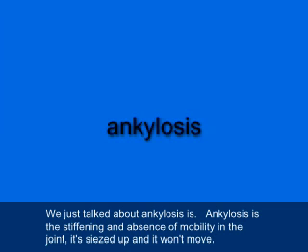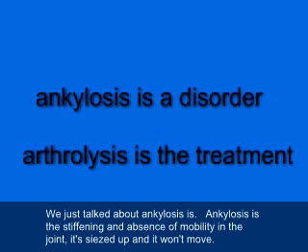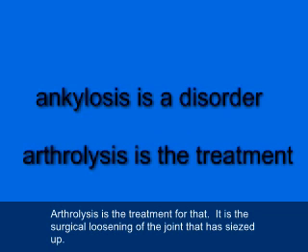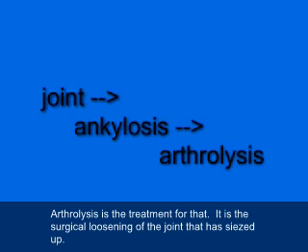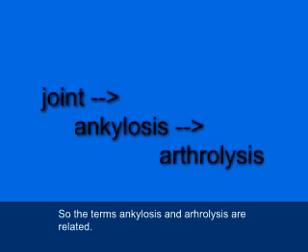We just talked about what ankylosis is. Ankylosis is the stiffening and absence of mobility in a joint. It's seized up and it won't move. Well, arthrolysis is the treatment for that. It is the surgical loosening of a joint that has seized up. So the terms ankylosis and arthrolysis are related.